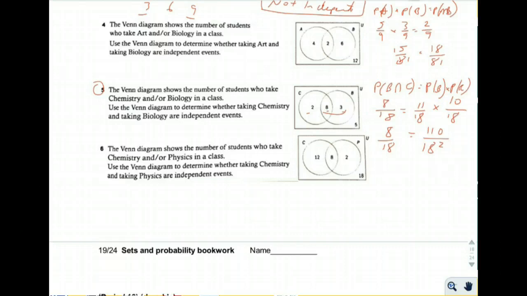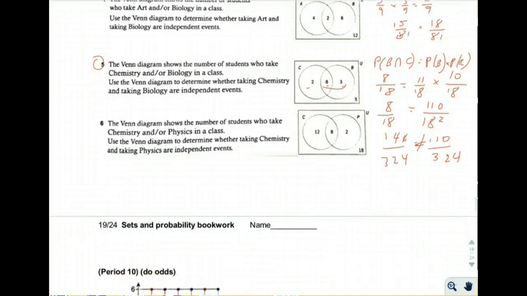Doesn't look like it. 18 squared would be 324. And then 8 times 18 would be 144. Yeah, so you can see they're not equal, so that means no, they are not independent.